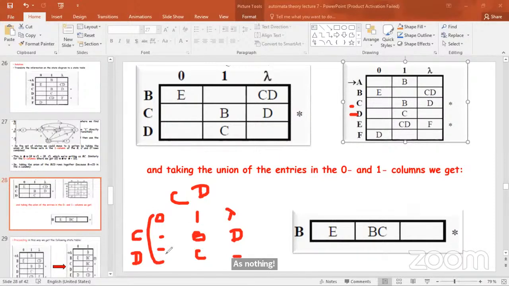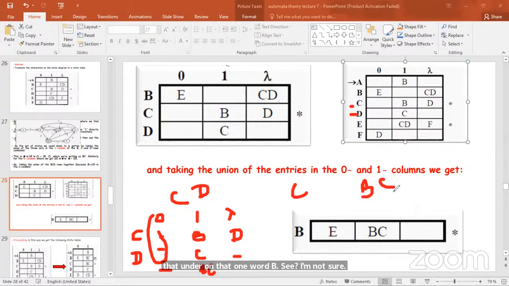So finding the union here, you have nothing here. Then here is B, C. So you write C under 0 as nothing. Then under 1 as B, C. Am I correct? Yes, it's correct.